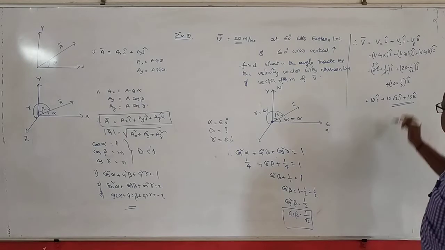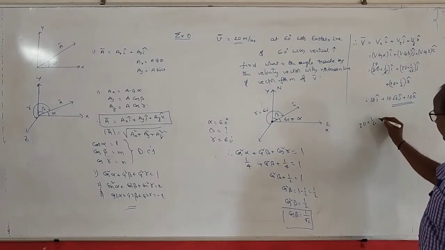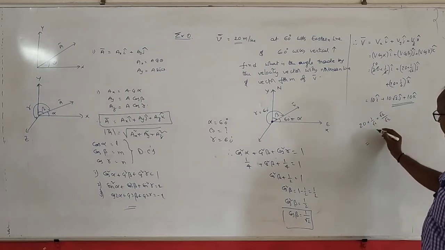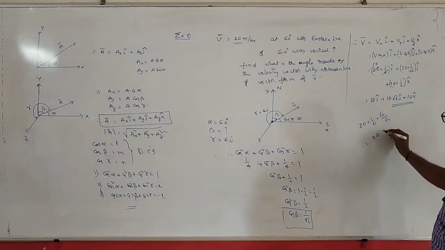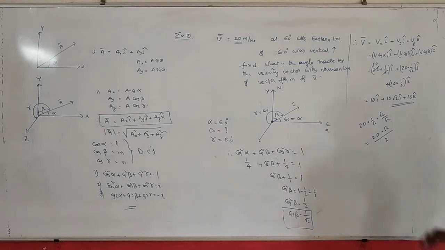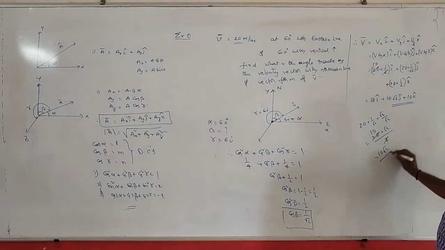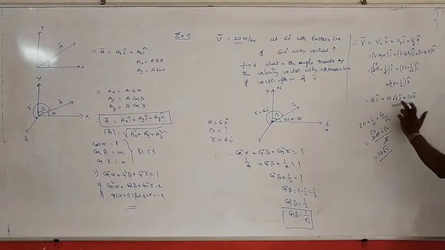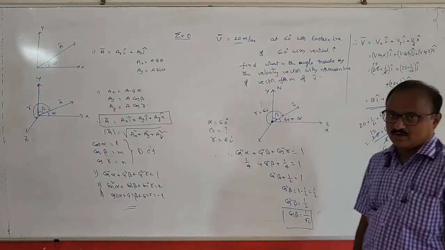That means 20 into 1 by 2 should be equal to 10.